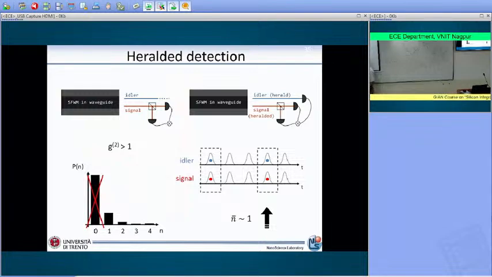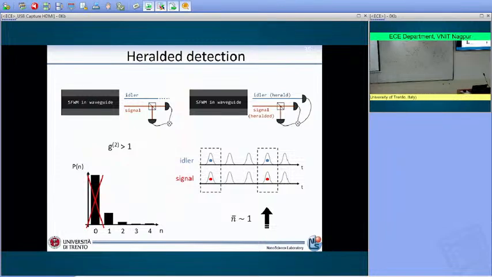That means that in my measurement, I'm removing all the vacuum states, all the states where I do not have any photons. So now the average probability to measure a photon in the state is equal to 1, because I'm heralding the presence of that photon.